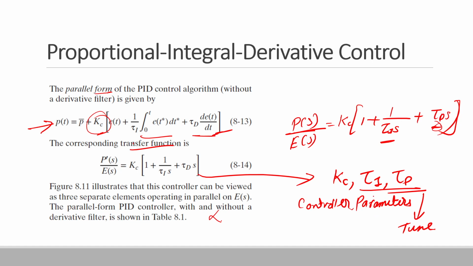Even if we use the PID controller, if these parameters are not properly tuned, then a system can become unstable. So in order to know whether for the given controller parameters Kc, tau I and tau D my system will be stable or not, that part we'll be studying today.